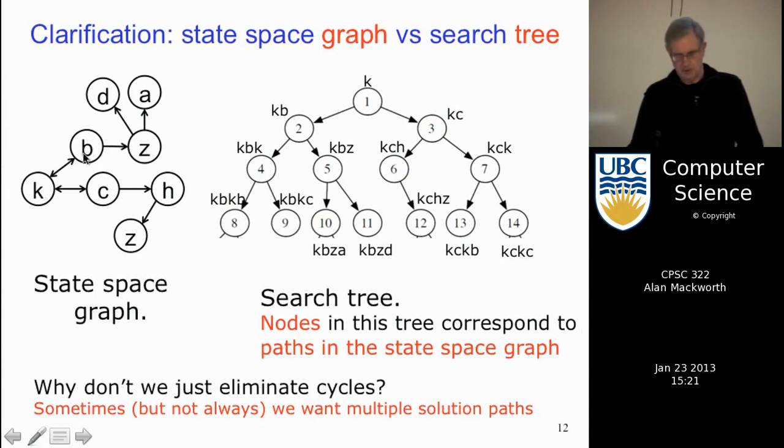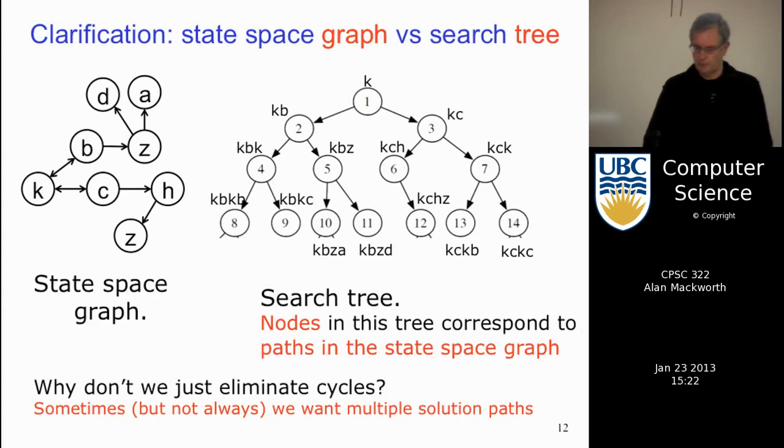And you could say, well, that's silly because if we're looking for shortest paths, clearly no shortest path will contain a cycle. Because if it had a cycle in it, you could just snip it out on the node where it comes back to itself, and the extra loop is redundant work, so you don't need to include that in the optimal path. That's true. But sometimes you want multiple solution paths, okay?